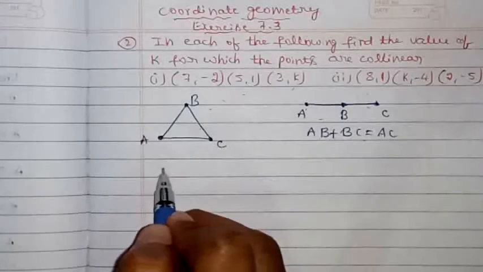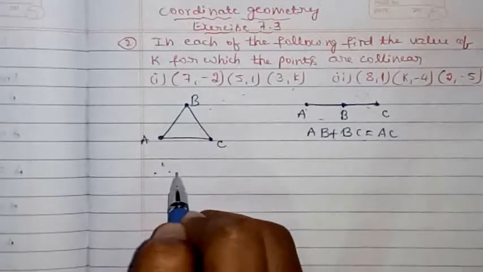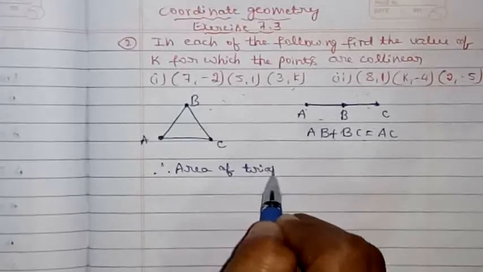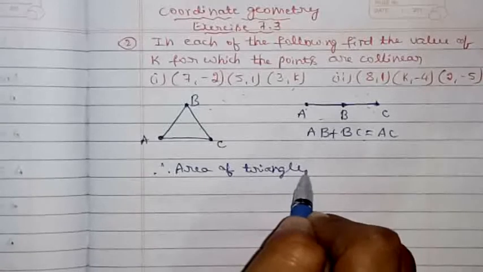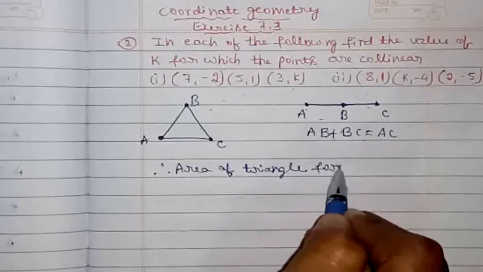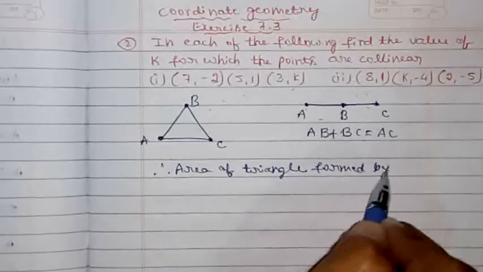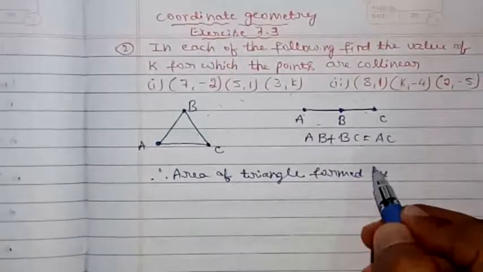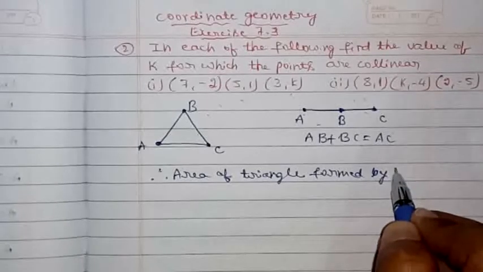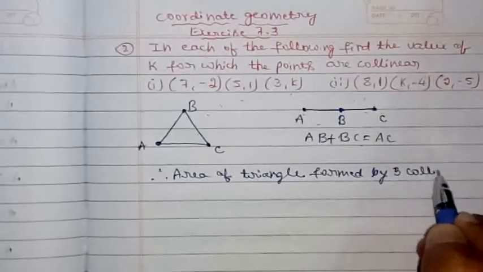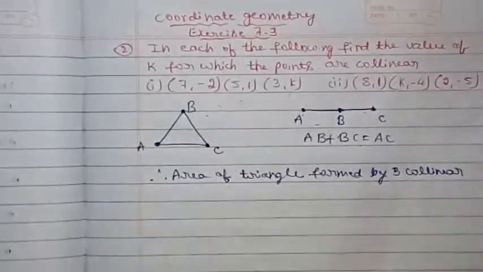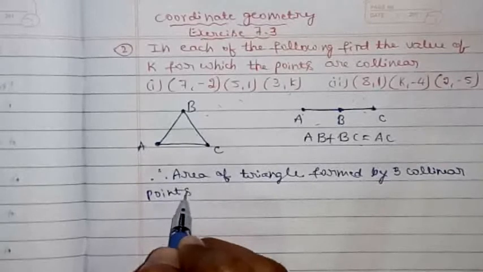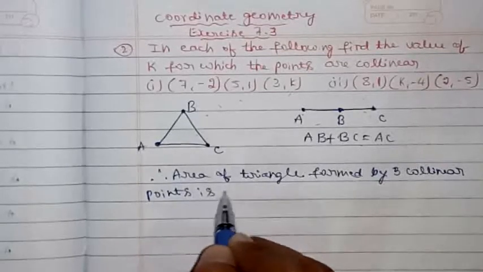So therefore I can write: area of the triangle formed by 3 collinear points is 0, right children?